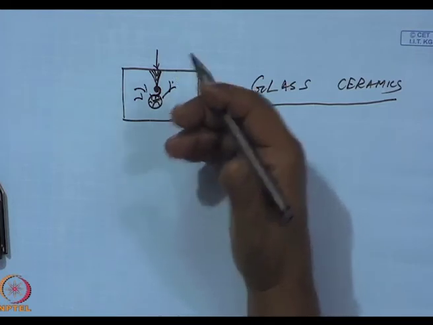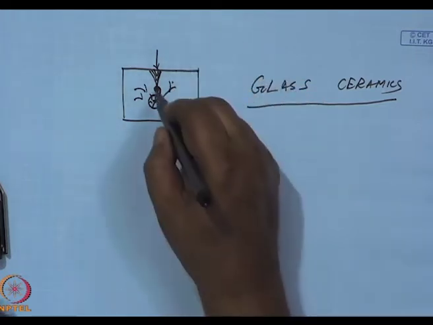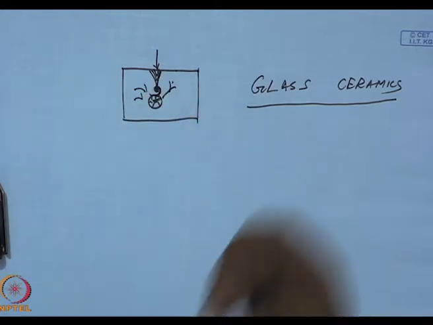So, here crack deflection can occur by a particle, crack deflection can occur due to interaction with a crack, crack deflection can occur by interaction with micro cracks. But whatever it is, whether it is a particle, whether it is a crystal, whether it is a crack or a micro crack, the more energy has to be spent for the crack to bend around it and then go.